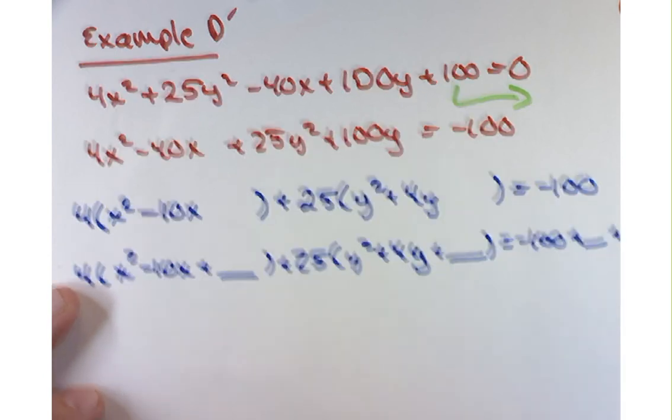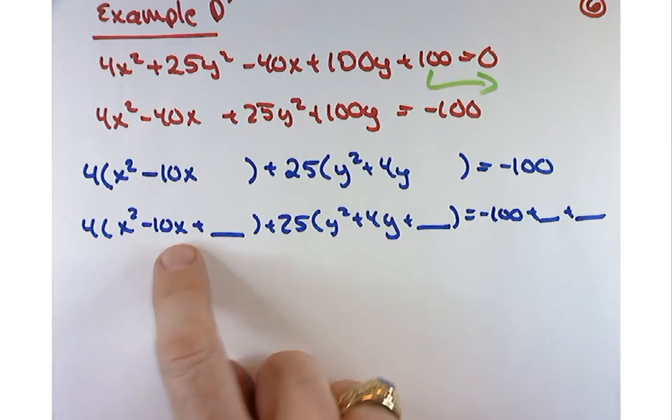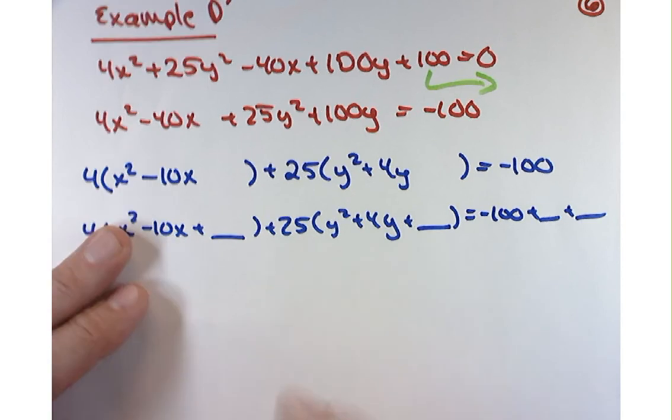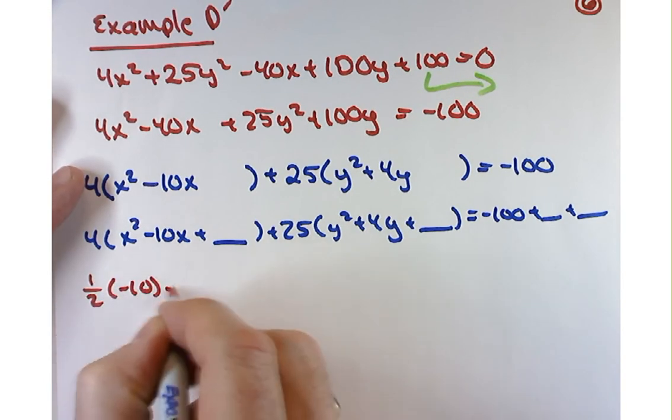All right. So it's a two-step process in deciding what goes into that blank. The first step is to take half of that number. So let's do that. It's going to be half of negative 10 is negative 5.